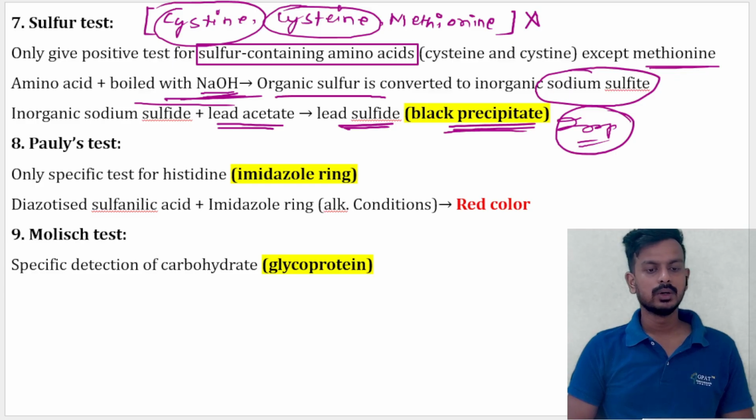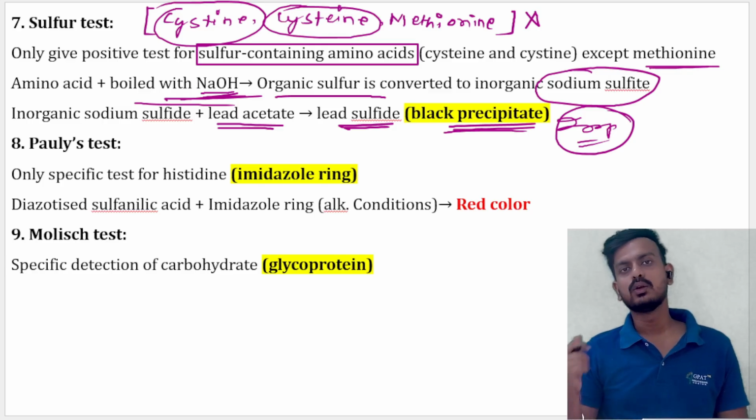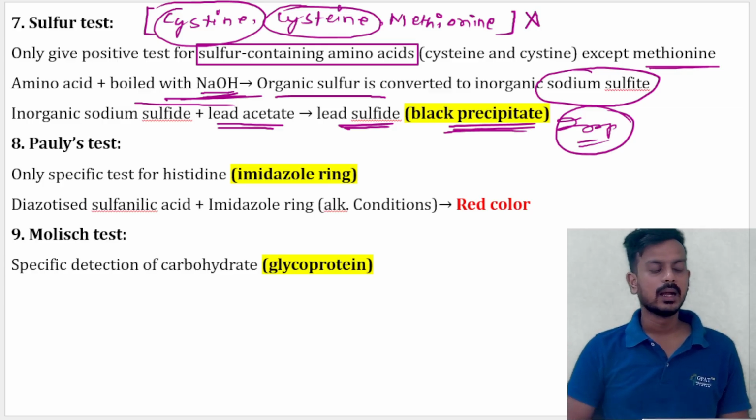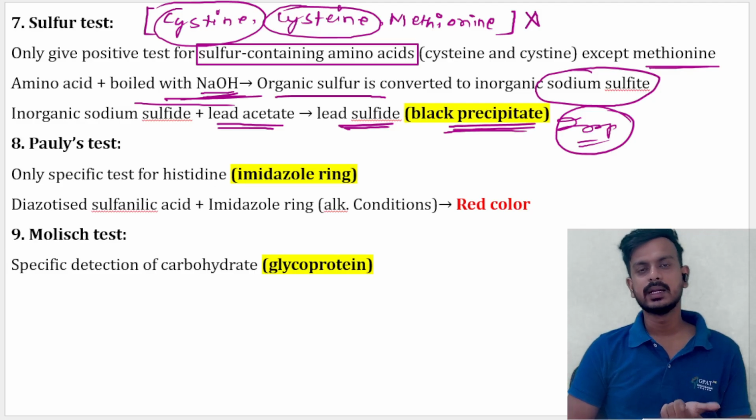Methionine does not show this reaction positive because methionine cannot hydrolyze in the presence of alkali, and there is development of black color. What actually happens in the test is when amino acids react with boiled alkali, it converts organic sulfur into inorganic sodium sulfide. Now, sodium sulfide, when it reacts with lead acetate, forms lead sulfide, and that lead sulfide basically produces a black colored precipitate. So that is basically for the detection of what?